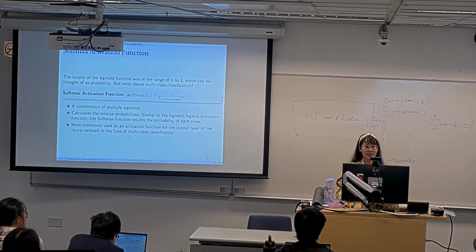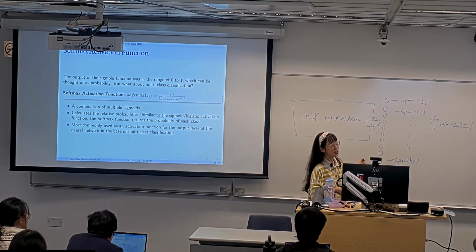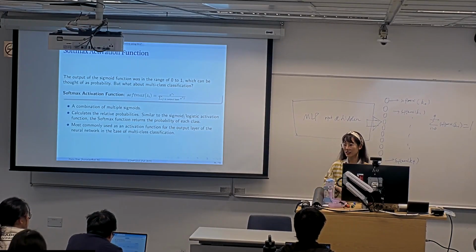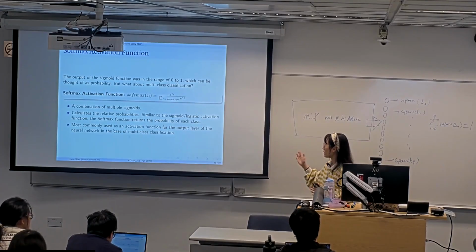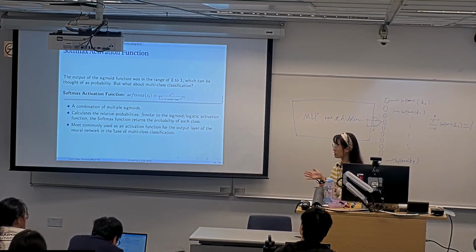In that case, you need to do one more step of normalization or comparison to see whose sigmoid is the largest, which is not convenient. You put extra effort into this. That's why we directly use the softmax. So for multi-class, we won't use sigmoid. We only use the softmax.